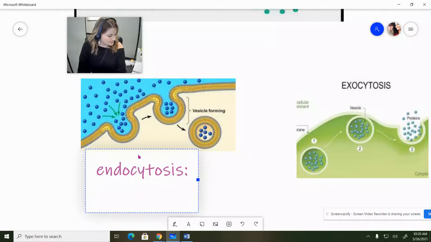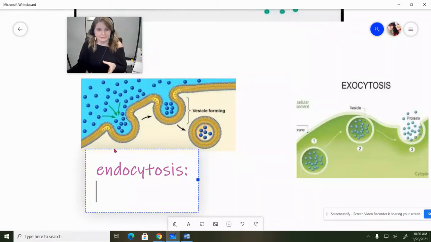And endocytosis is where larger packets of material or larger molecules inside the cell, a vesicle forms around them, which is essentially like a mini cell membrane. And a lot of times those are formed like in another structure of the cell called the Golgi apparatus, and they are transported.